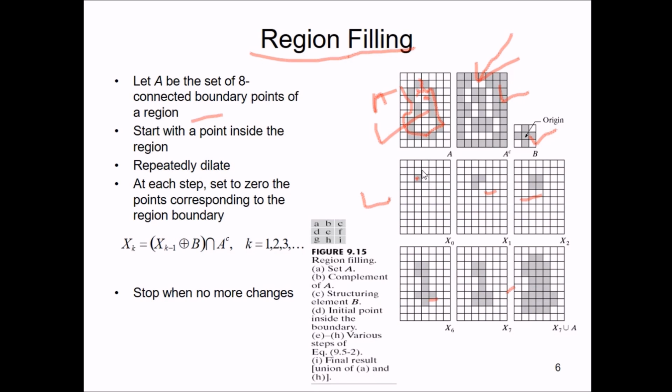When we repeatedly dilate, at each step we set to 0 the points corresponding to the region boundary. So whenever we are dilating, we are doing X k minus 1 dilated by B, intersection A complement. So we are ensuring that we don't go out of the boundary. This is how region filling is achieved.